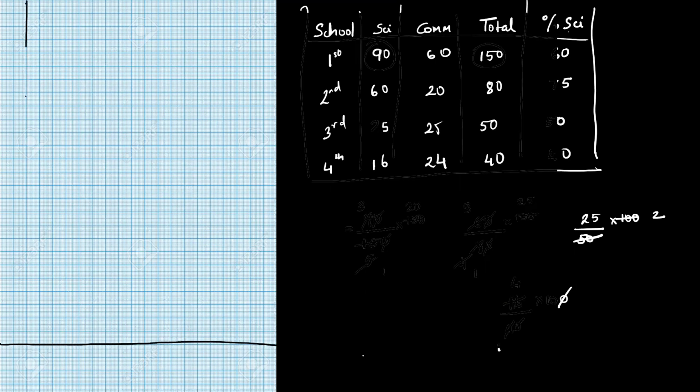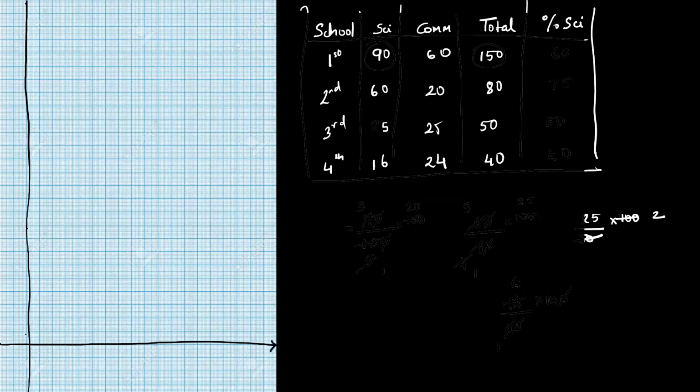I'll draw the y-axis. Okay, make sure to show the arrows. We can call this x, x dash. This is 0. The positive part is y.